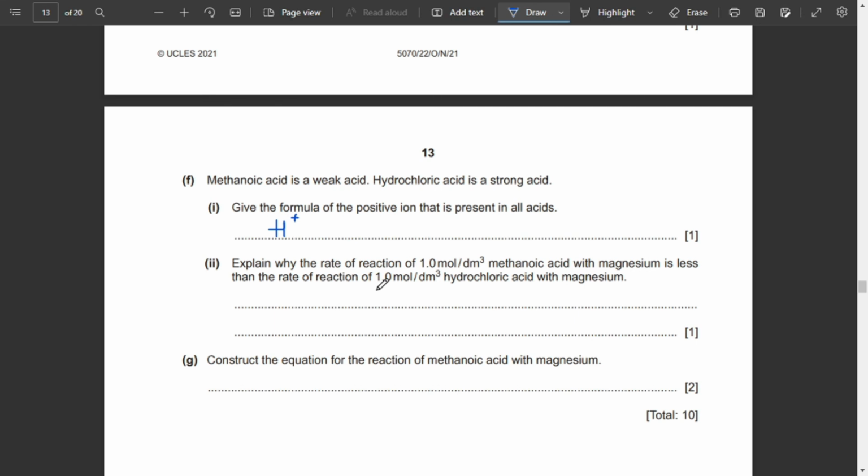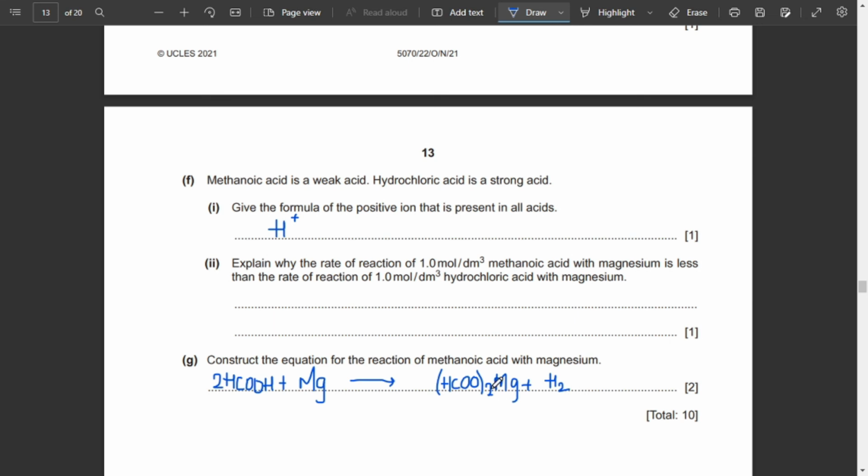Moving on to part G, construct the equation for the reaction of methanoic acid with magnesium. So let's construct the equation. This is the reaction, and you must have noticed that in between I erased Mg from here and put it over here, because of the way the bond will be formed.